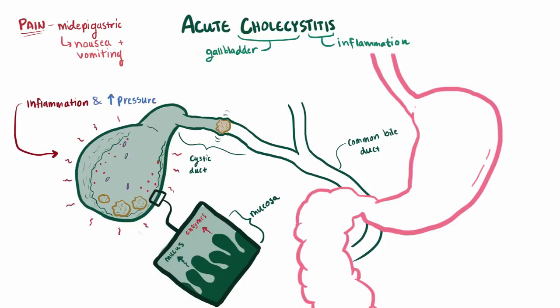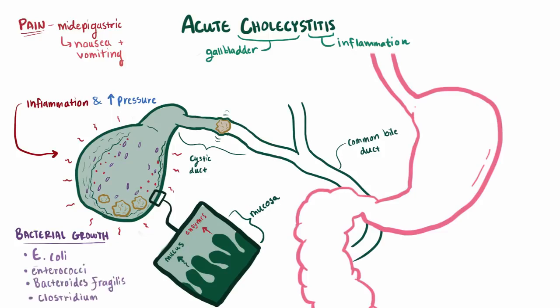At this point, there might also start to be some bacterial growth, most commonly E. coli, which is all over the gut, but also Enterococci, Bacteroides fragilis, and Clostridium, which can also be found there. As it starts to balloon up, the pain might start to shift to the right upper quadrant, and it'll be this kind of dull, achy pain that can even radiate up to the right scapula and the shoulders.